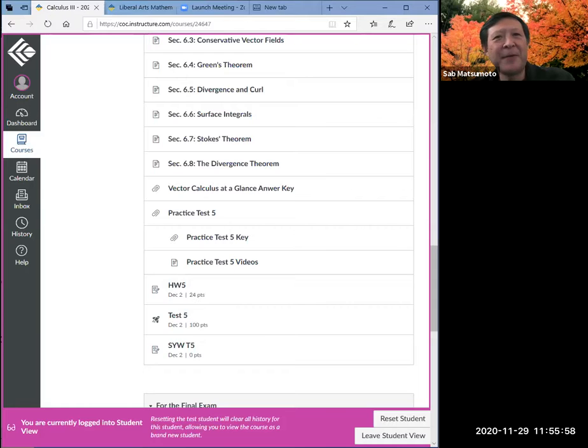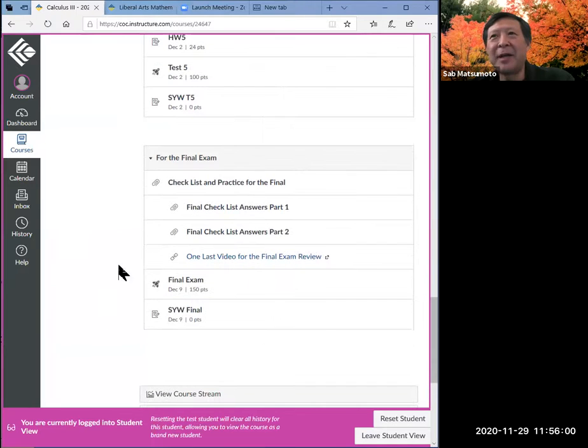All right. And after that, you basically have your practice final. This is where you see I have an extra module for the final exam. So you have the checklist for the test and the practice for the final. And I have the answer keys, and then you have the final exam and show your work. So this is it. This is all you have left to do after this week.